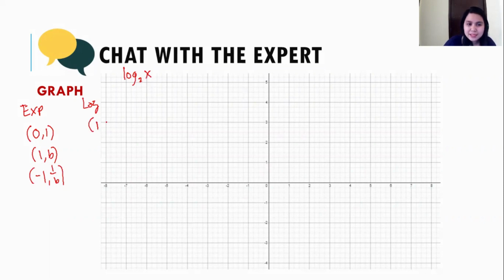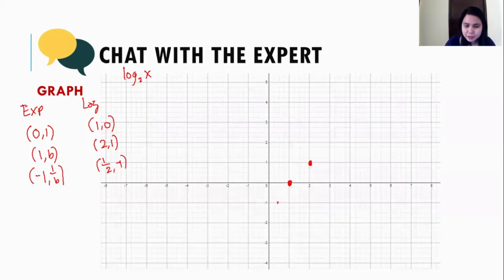We have (1, 0), then (b, 1). Our b is 2, so (2, 1), then (1/2, -1). Let's plot: (1, 0), (2, 1), (1/2, -1). It will not cross the y-axis. So this is the graph for the logarithmic function log base 2 of x.